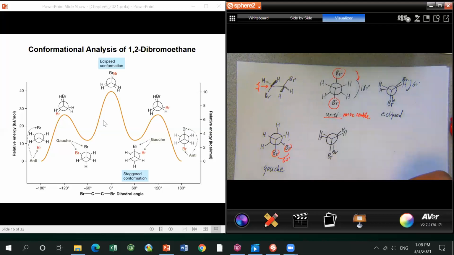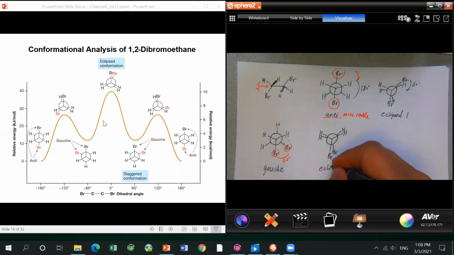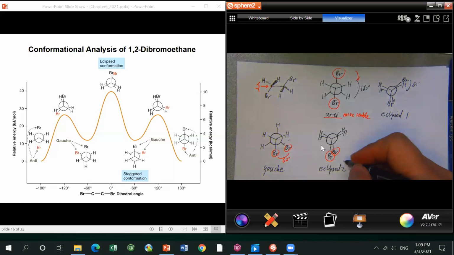So this one is also eclipsed. Here is eclipsed 1, and this is eclipsed 2, but eclipsed 2 is much more unstable compared with eclipsed 1, because the two largest groups just overlap each other. Too much torsional strain, and maybe also some steric strain. So this is the most unstable, the least stable one.